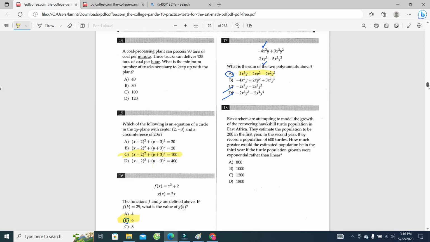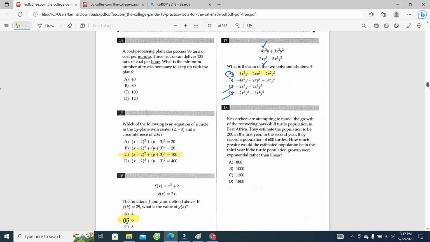Alright, so number 16. Researchers attempt to model the growth of the recovering hawksbill turtle population in East Africa. They estimated the population to be 200 in the first year. In the second year, they record a population of 600.